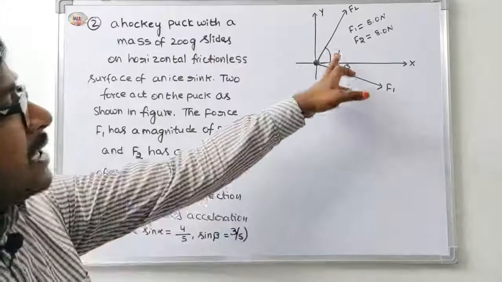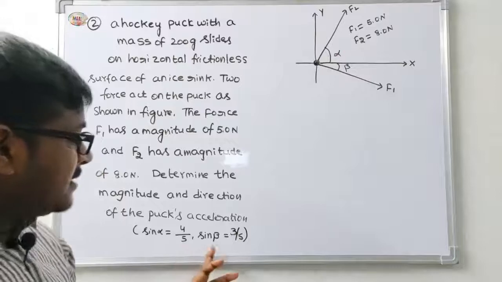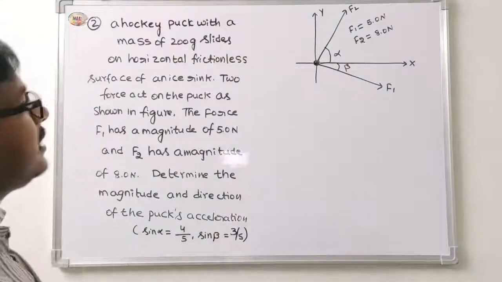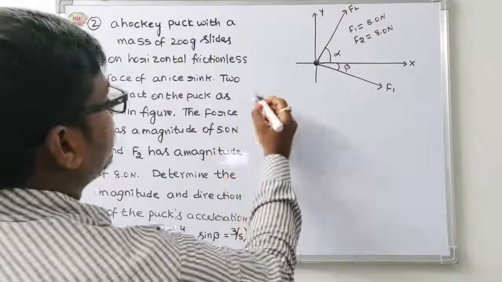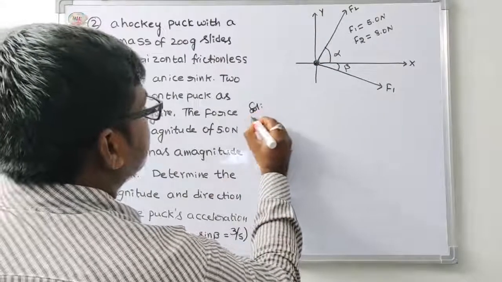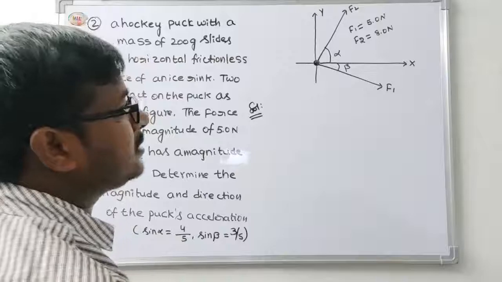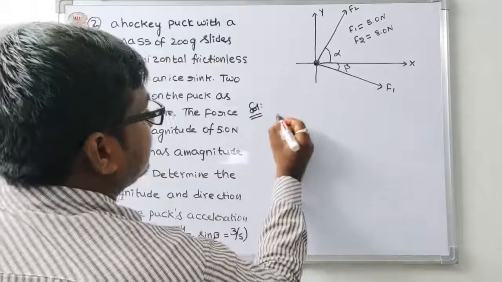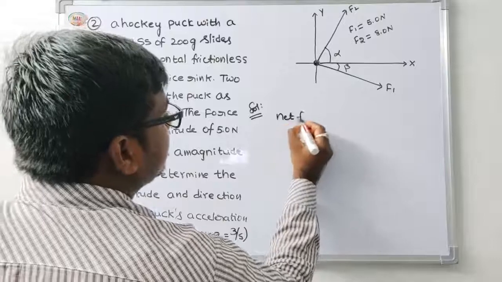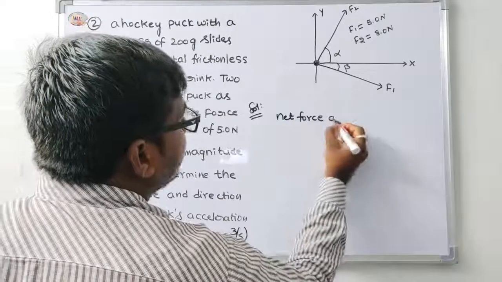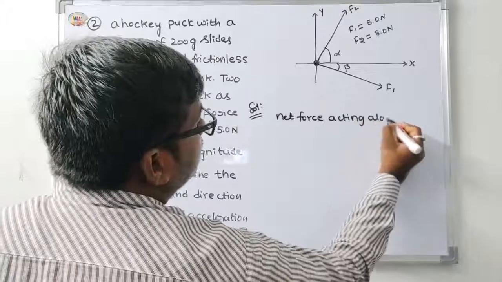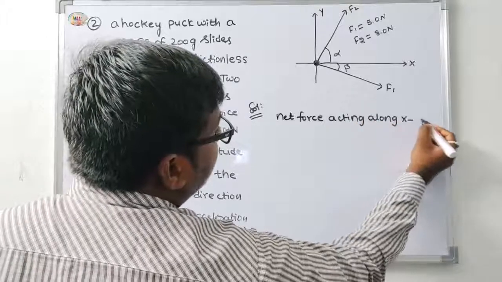In this one, sin alpha is equal to 4 by 5, sin beta is equal to 3 by 5. In this figure, first find the net force acting along the x-axis.